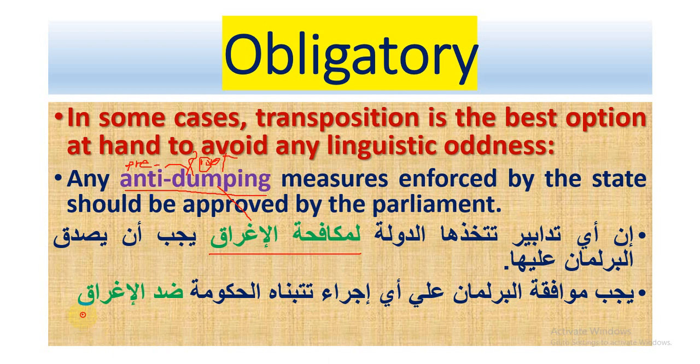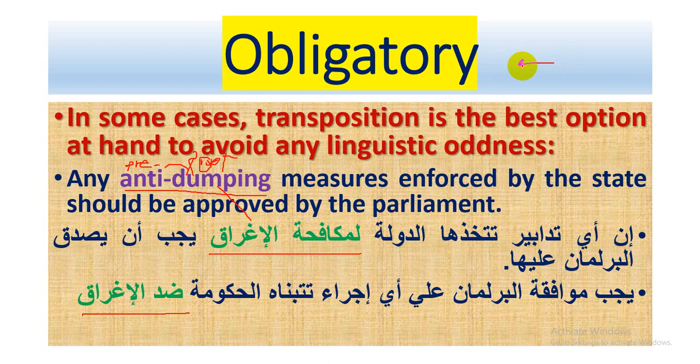Or we can use it just like this, against, and then we change this adjective into a noun or a prepositional phrase. So we don't have one word, so this is an obligatory transposition. So in some cases we don't have any other option at hand.